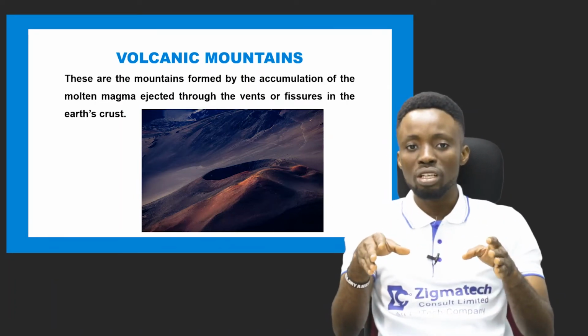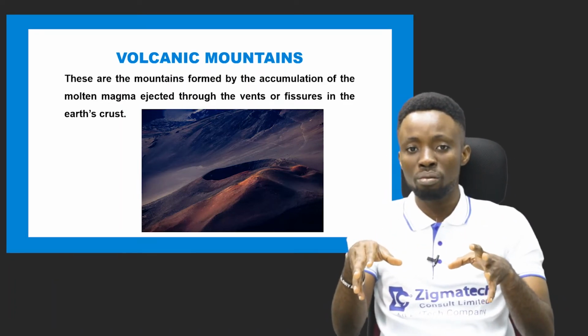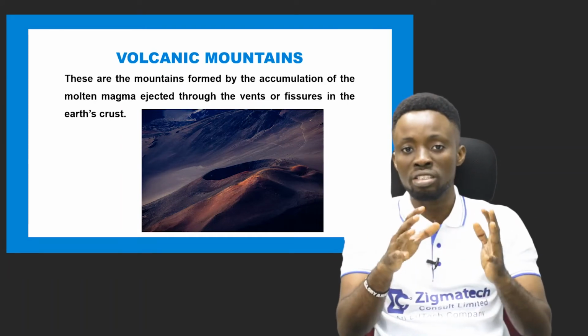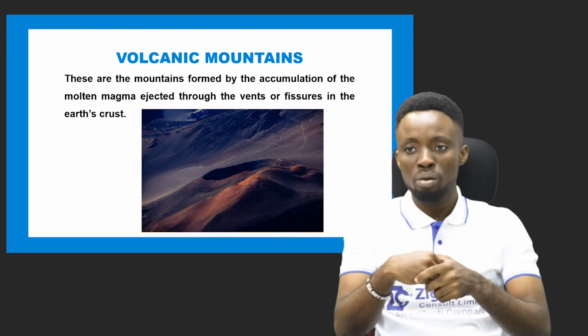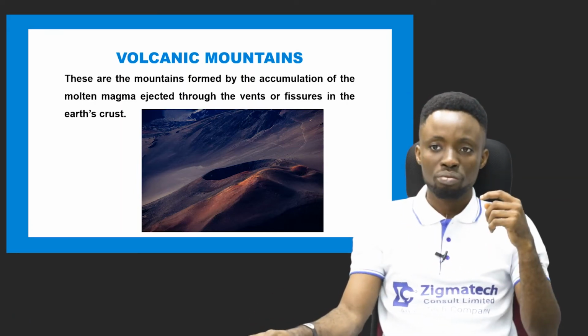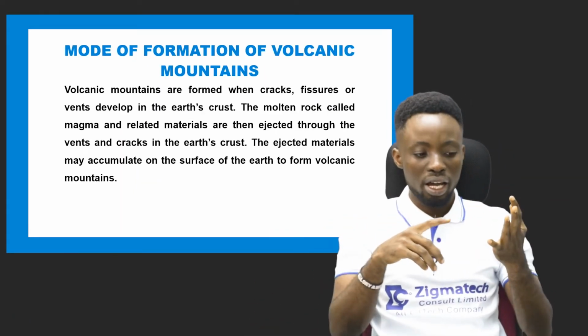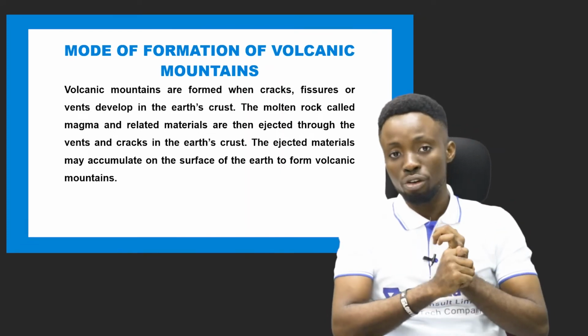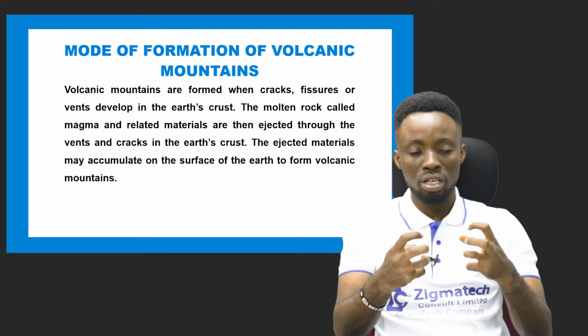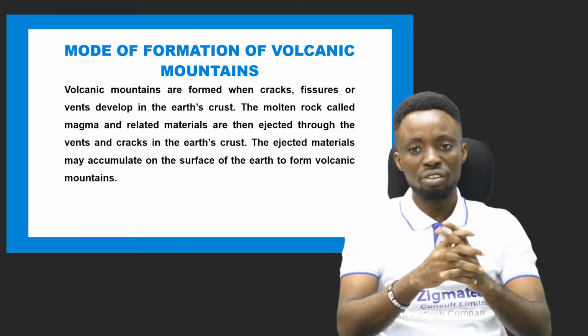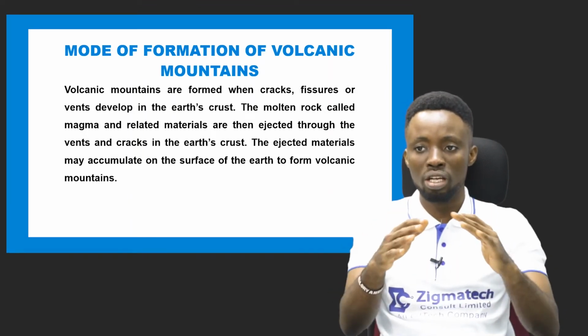Now, the formation of the highland caused by this accumulation is what we call a volcanic mountain. They are formed when this magma solidifies on the earth's surface.